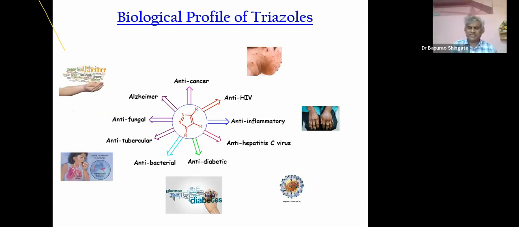These 1,2,3-triazole containing compounds show different types of biological activities like anti-cancer, anti-HIV, anti-inflammatory, anti-hepatitis B, anti-diabetic, antibacterial, anti-tubercular, antifungal, and Alzheimer-type properties.